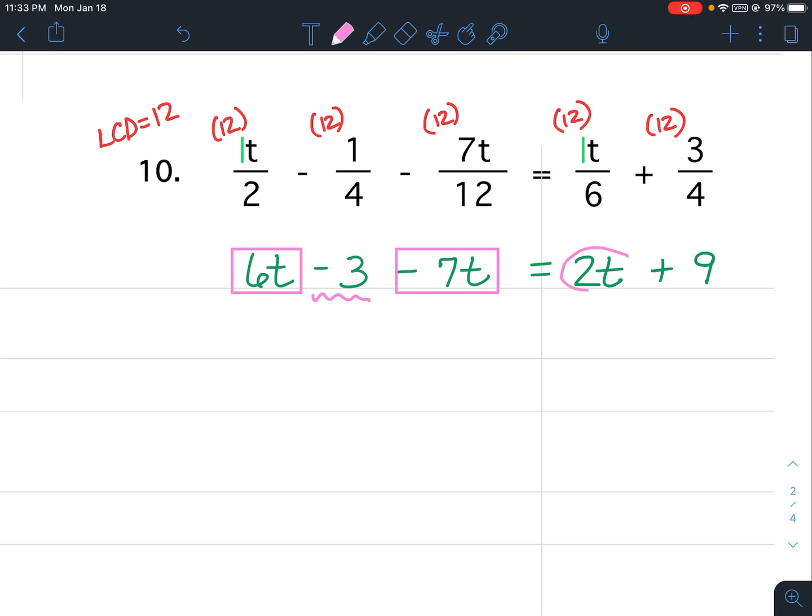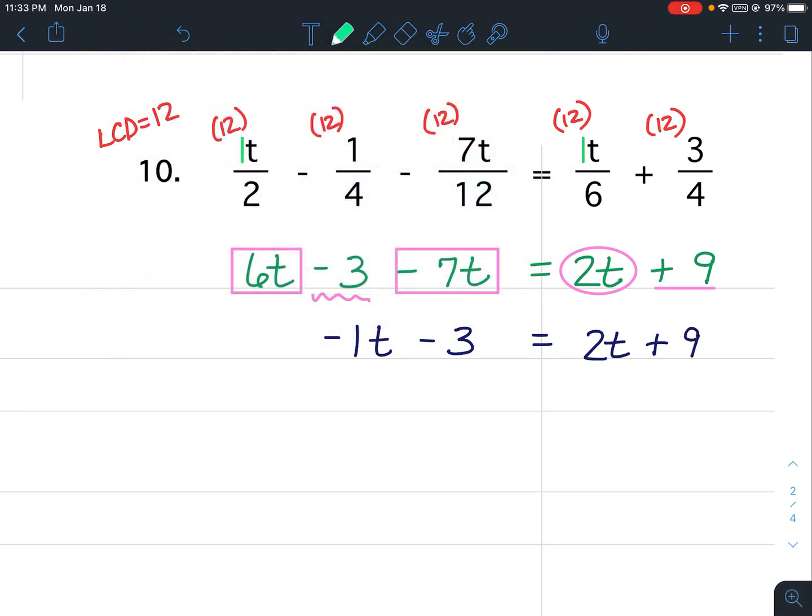On the other side, I have 2t and 9. There's nothing to combine on the right side of the equation. All right, combining like terms, 6 minus 7 would give me negative 1t. Bring down the minus 3. Keep the equal signs lined up. Bring down the 2t plus 9.